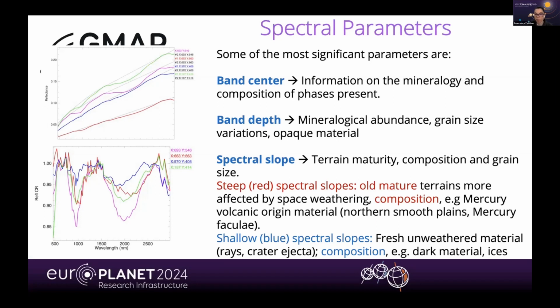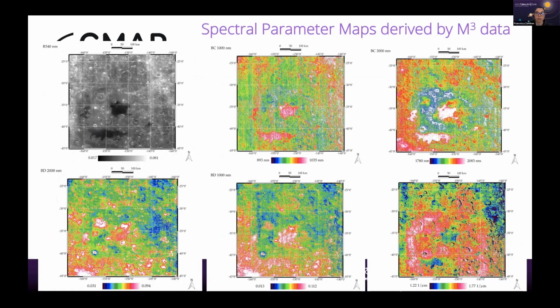For example, dark material is characterized by bluer slope, but also the ices. So in some way, these kind of parameters are useful to discriminate the mineralogy and the spectral properties of a surface. This is just an example of Apollo basin on the moon and the map of these parameters.